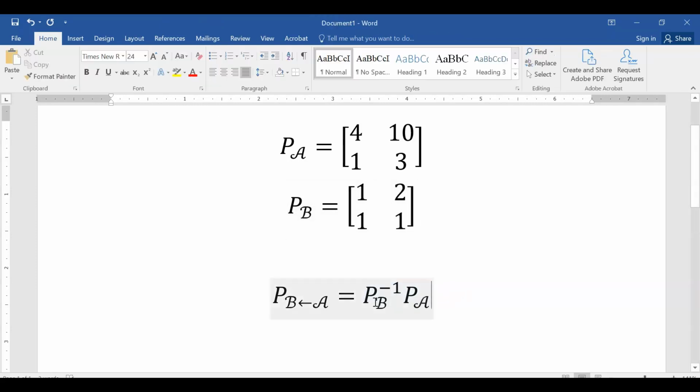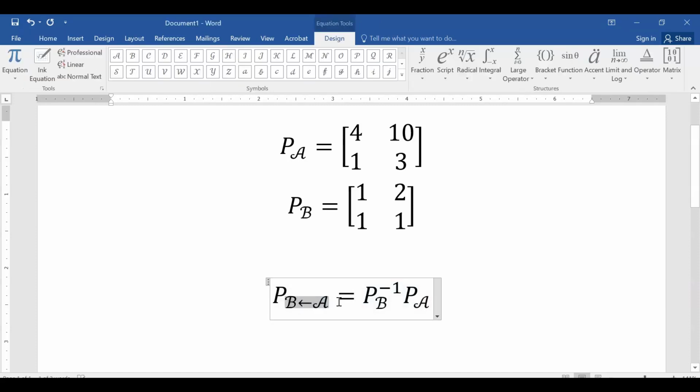Start at A. By the way, this is why this little arrow is always pointing from right to left. You go from A to B.